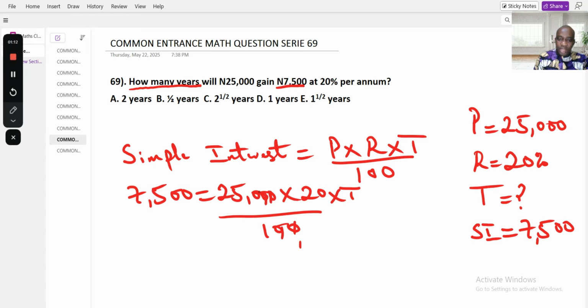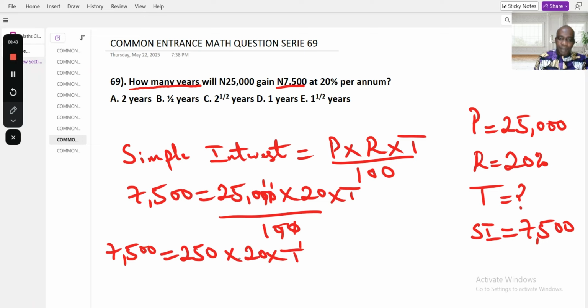Therefore, 20 has gone. We don't have anything under again. 7,500 equals 250. 20 has gone already. Remain only 250, multiplied by 20, multiplied by t that we don't know.